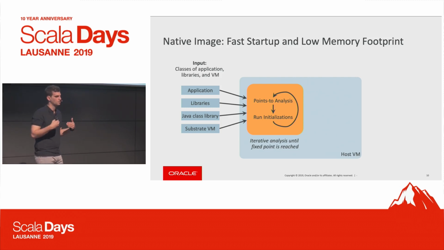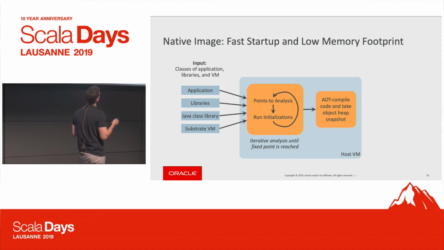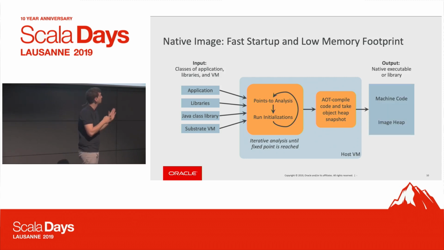If you need some configuration, or parsing some files, which takes a lot of time, you can do that at build time, and it will be serialized in the heap, right? Then we will AOT compile the code and take the snapshot of this heap, and we'll use the Graal compiler, of course, for the same thing, and produce machine code, right? So you will get machine code, and the image heap is another object file. You link them together, you get an executable, or a shared library.